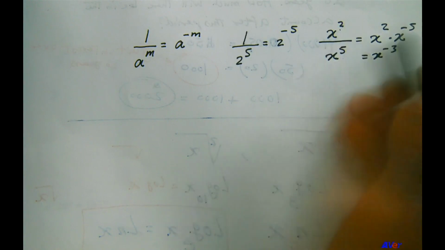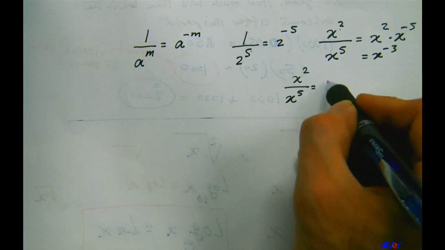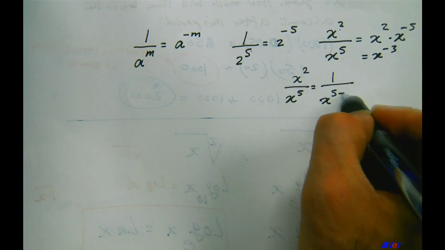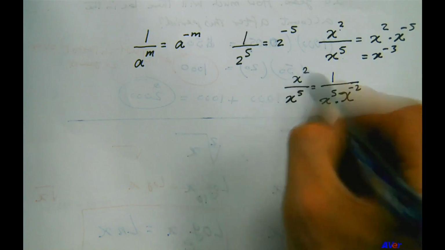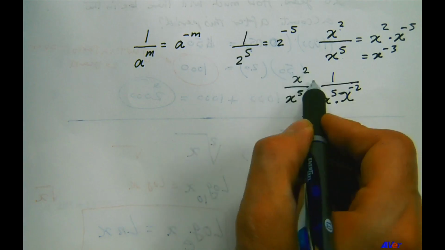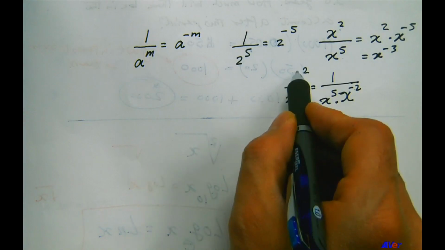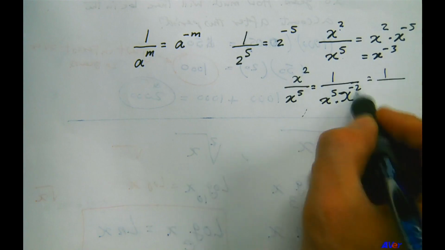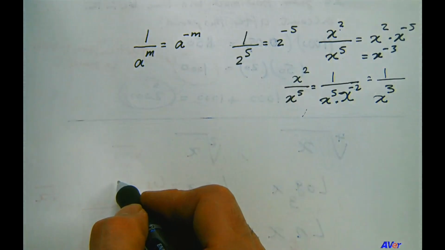Or you can move this down. You can say x squared over x to the 5th is equal to 1 over x to the 5th times x to the minus 2 power. You can bring this down, remembering that you should change the algebraic sign to the opposite. If it's positive, it becomes negative. If it's negative, it becomes positive. Okay, and then you can add those powers, and you get that. 5 minus 2 is 3.